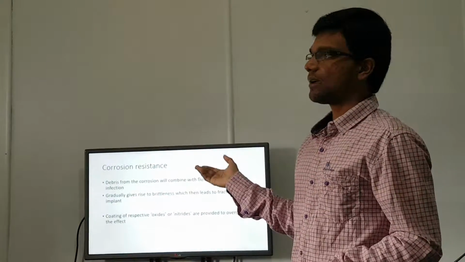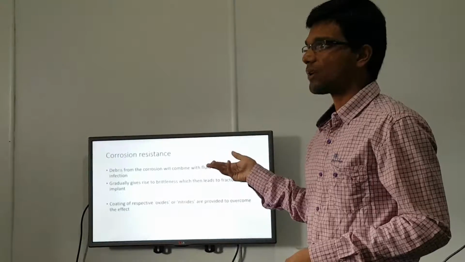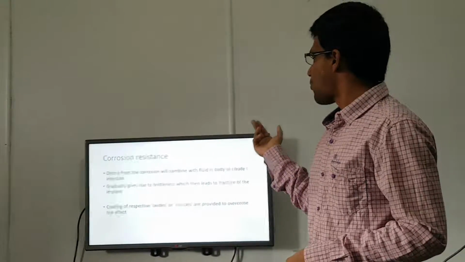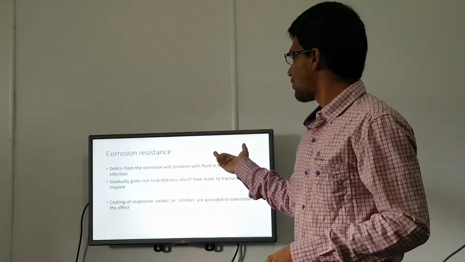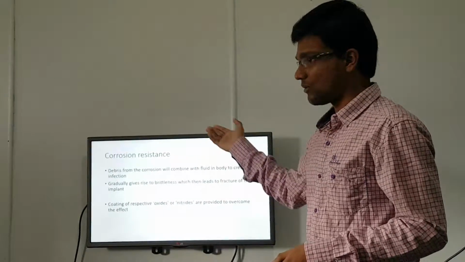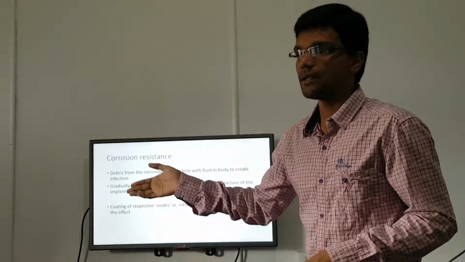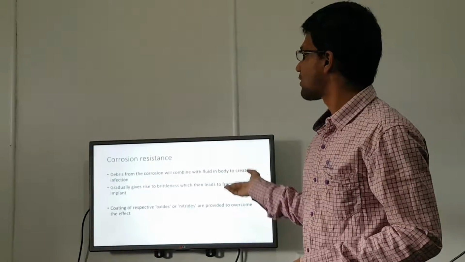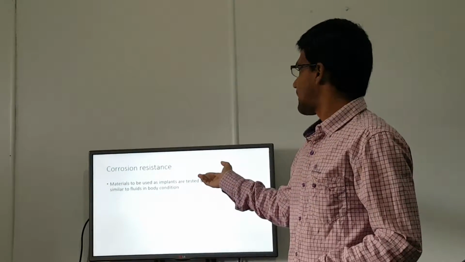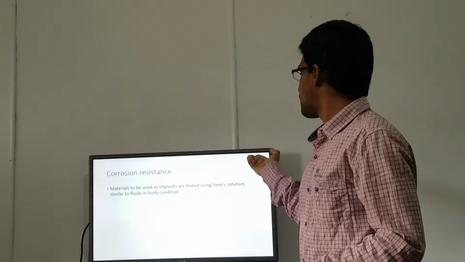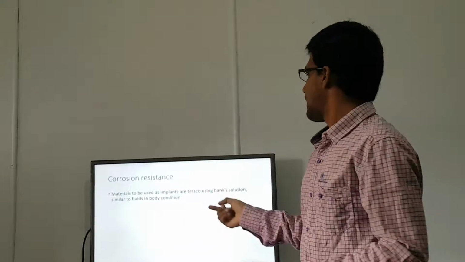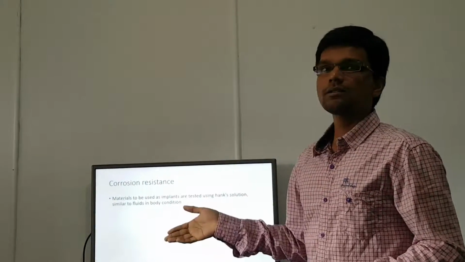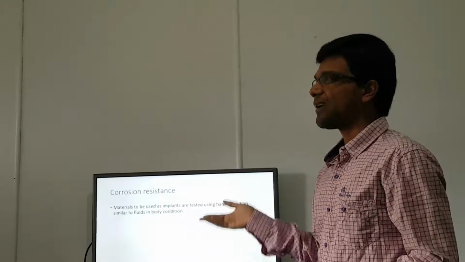How can we reduce corrosion or improve corrosion resistance in the material? One type of remedy is to coat oxides or nitrides of the respective material onto the surface to provide corrosion resistance. And like we discussed before, toxic elements should be avoided, and the materials can be tested with the help of a Hank solution.